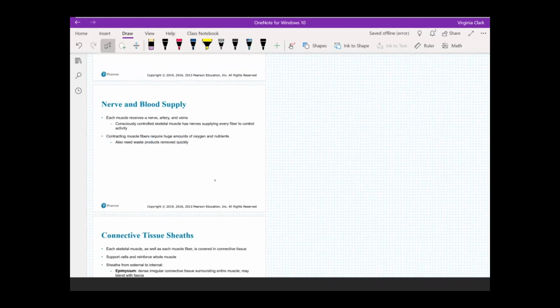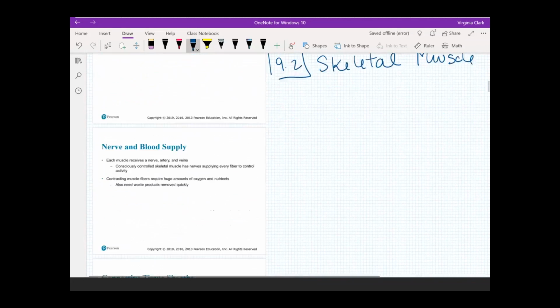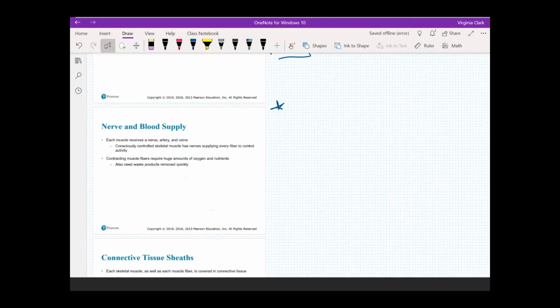So we're going to start with the gross anatomy of your skeletal muscle.